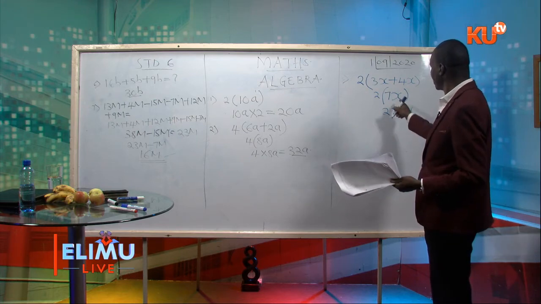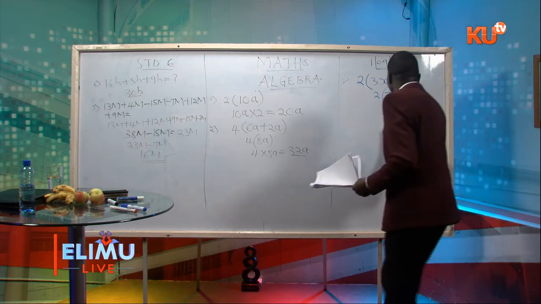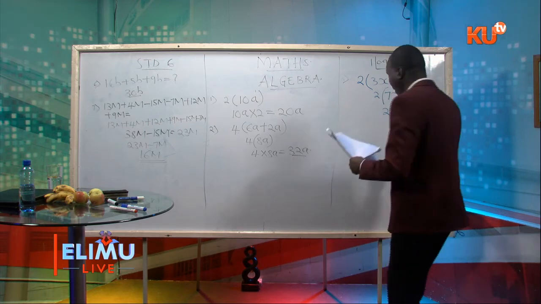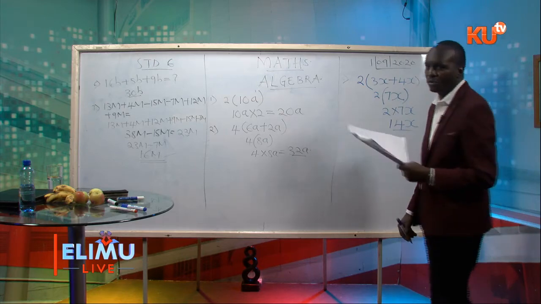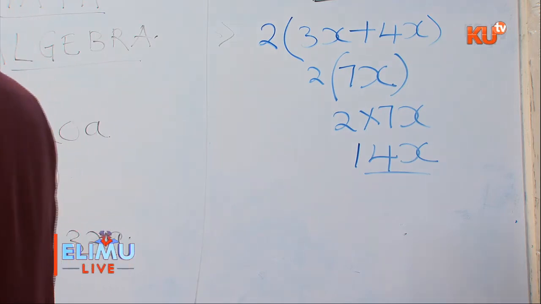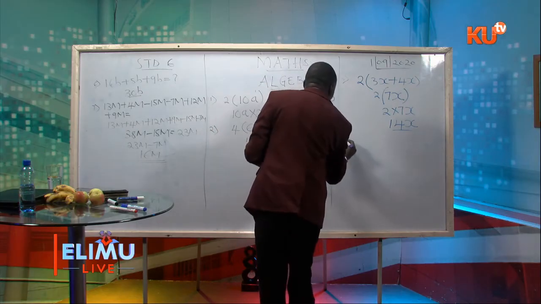Now, we multiply 7x times 2. 2 times 7, we get our answer as 14x. So our answer here becomes 14x. Is that okay? All right. We move on to our next example.